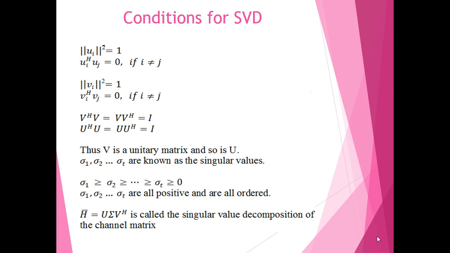Sigma 1, sigma 2 up to sigma t are known as the singular values and they must be ordered and positive. That is, sigma 1 to sigma t must be arranged in decreasing order of magnitude. If all the above conditions are taken care of, then we have the decomposition of the channel matrix as H equal to U sigma V Hermitian.